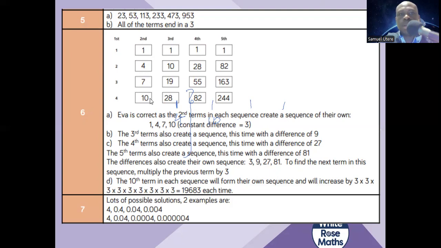It's just like increasing by 3 every time as you go down this block of sequence. Okay, mark your work and we'll move on to the next task, to the next learning.